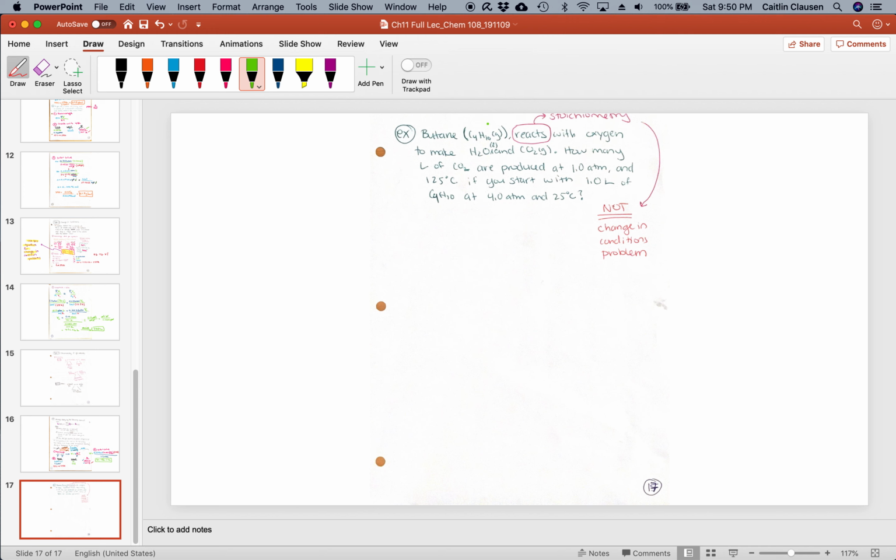Where we're given, so let's first, we know it's a reaction, let's write out the balanced chemical equation. That would be step 1. Right, remember we need a balanced chemical equation.